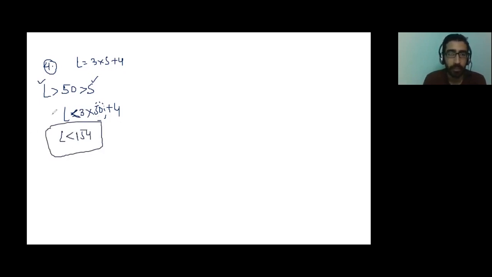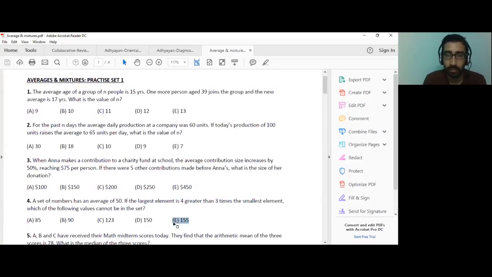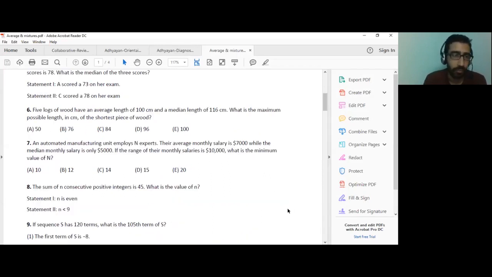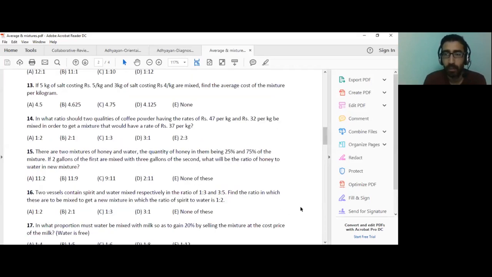And if you look at the options, guys, the only option that doesn't sit well with this is of course 155, option E. Largest is less than 154, but option E is more than 154. That means it's not possible. Krishna, okay.